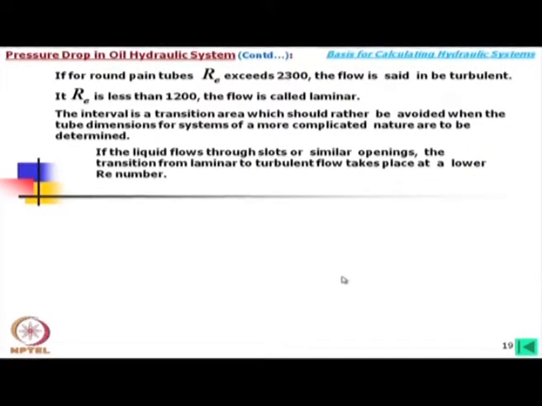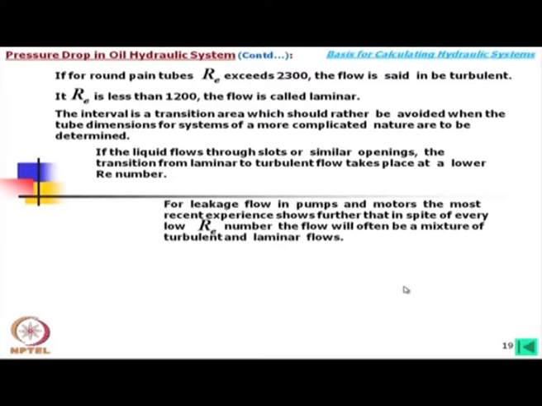If the liquid flows through slots or similar openings, the transition from laminar to turbulent flow takes place at a lower Reynolds number. For leakage flow in pumps and motors, the most recent experience shows further that in spite of very low Reynolds number, the flow will often be a mixture of turbulent and laminar.